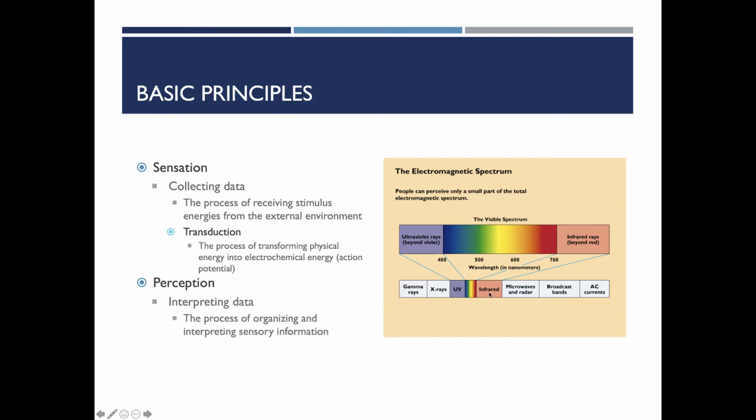Of all of the energy from gamma rays to AC currents that exists out there, humans can only detect the little portion that looks like a rainbow here in this picture on the right. So this little section right here is the visual information that human eyes can detect.